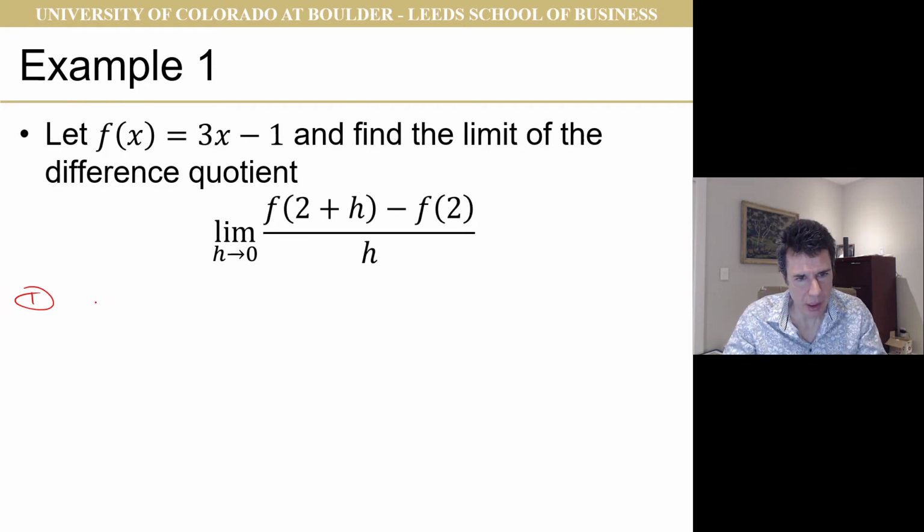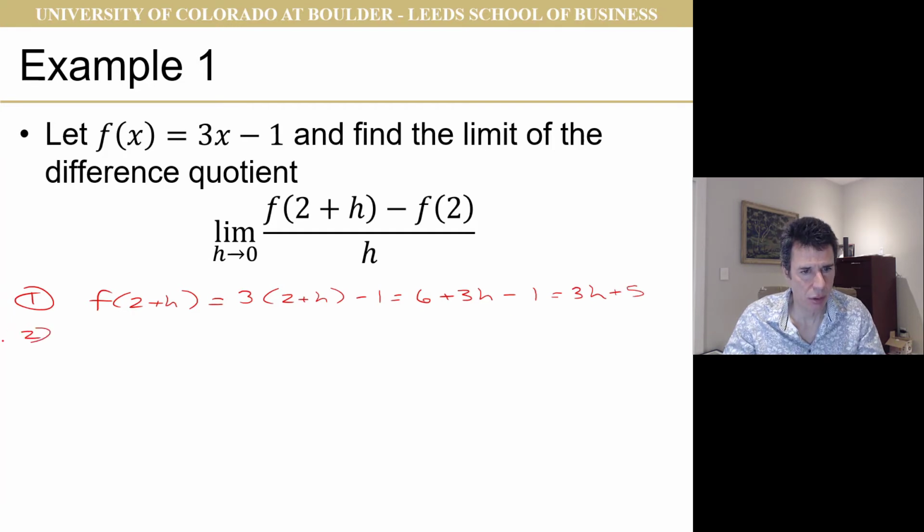So step 1, we want to find f of 2 plus h. Well, that's equal to 3 times 2 plus h minus 1. And let's just multiply all this out. We get 6 plus 3h minus 1, which is 3h plus 5.